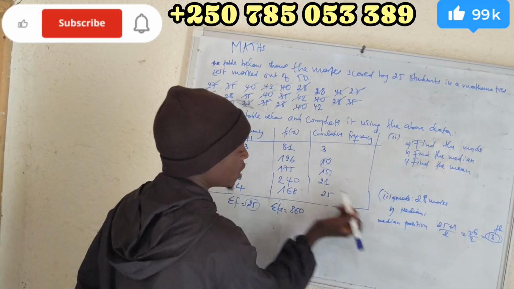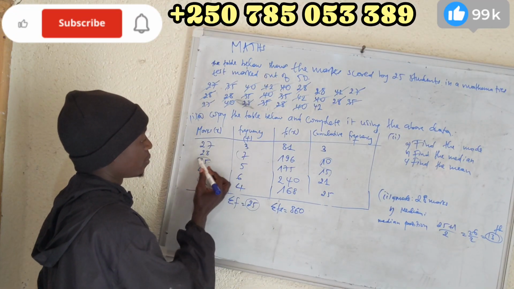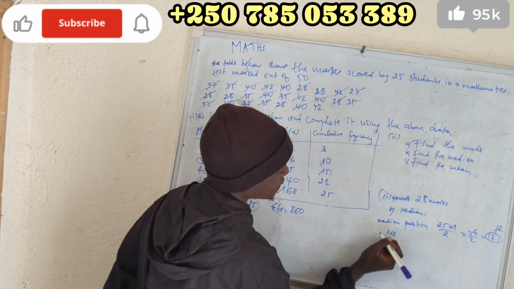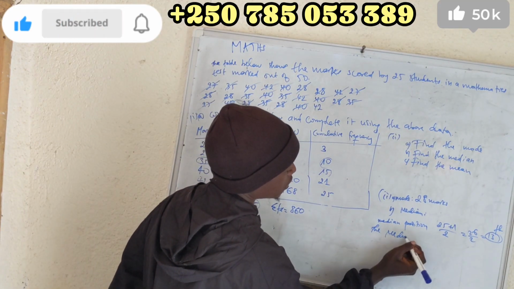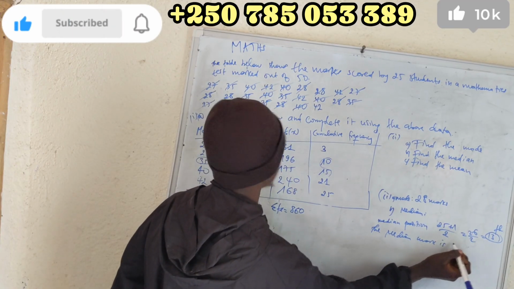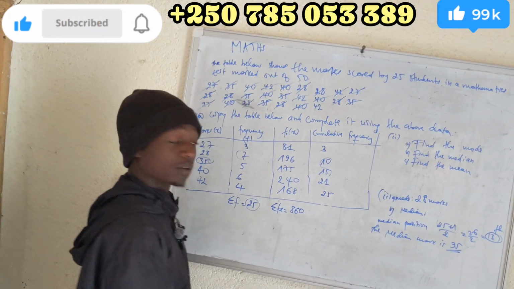So we should have 15. So the median mark is 35.